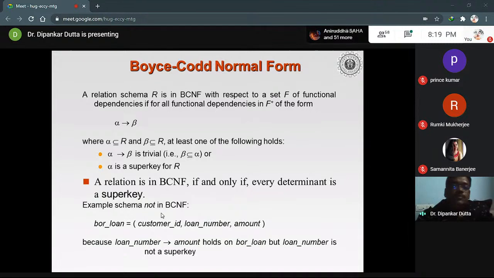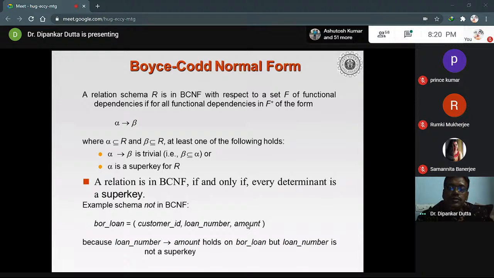An example schema not in BCNF: borrower loan, with customer ID, loan number, amount. In this, if we know the loan number, we can easily find out the amount.